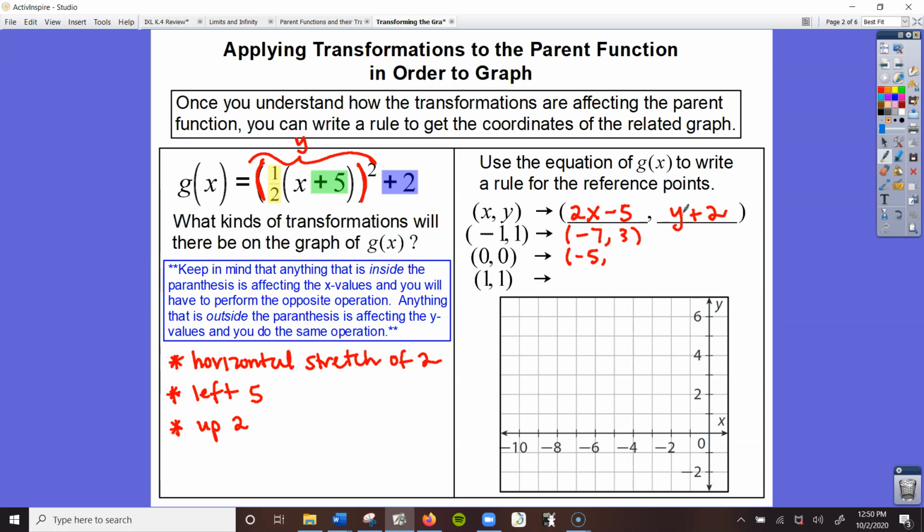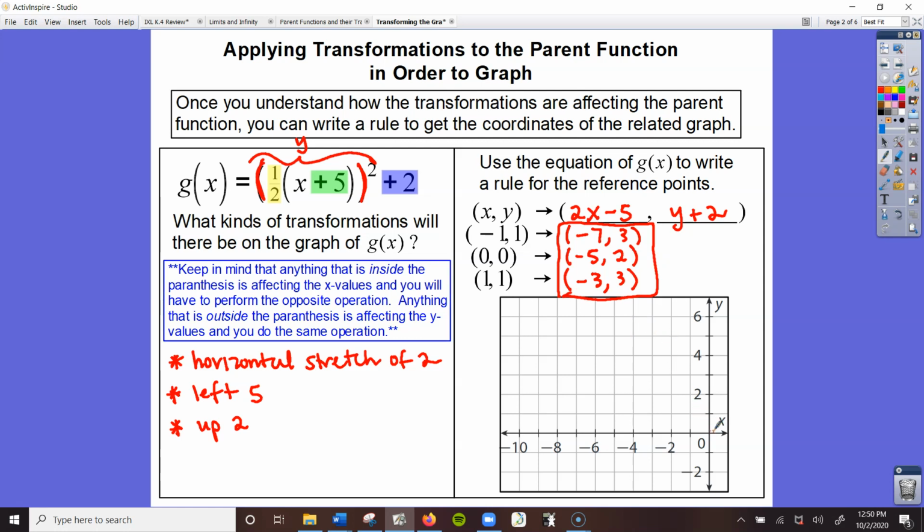When I plug in 0 for the y, 0 plus 2 is 2. And then finally, again, I plug in this last reference point. 1 for the x will give me 2 times 1, which is 2, and 2 minus 5 is -3. Then when I plug in 1 for the y, 1 plus 2 is 3. So these are my new points. This represents the points that are on my transformed function.